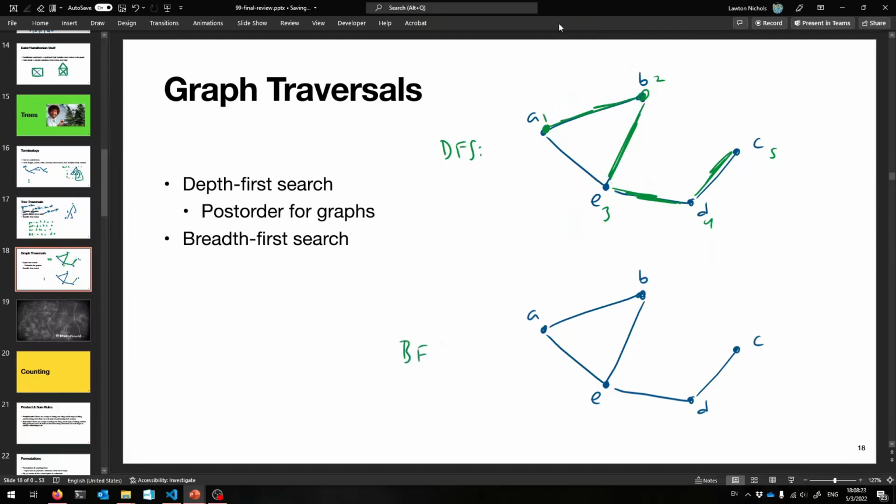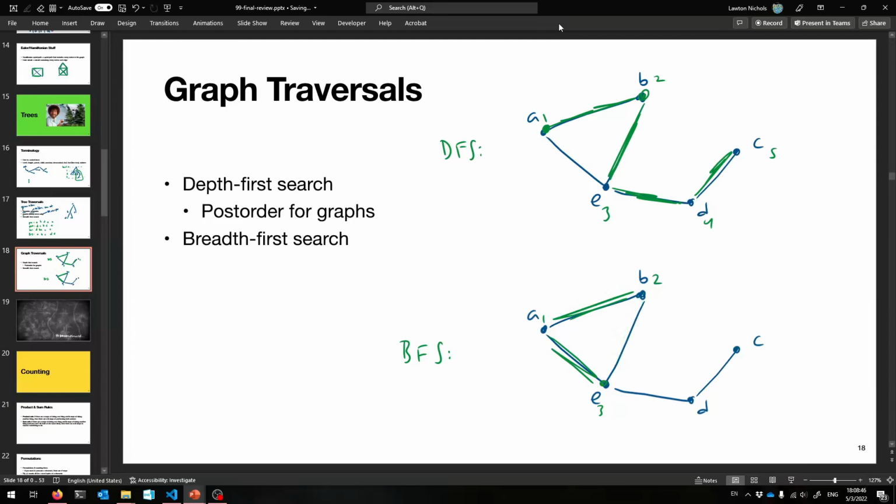And then BFS is go as wide as you can first. So for example, A can go to B and E, and we haven't been either of those places yet. So A is the first thing we go to, and then B and E, those are 2 and 3. We go to both of them at the same time, kind of. And then we look at B and like, have I been to all of my neighbors? Yes, I've been to A, I've been to E, so don't consider that one.